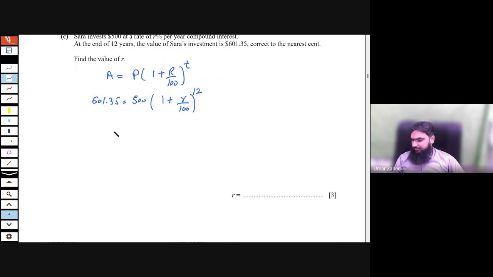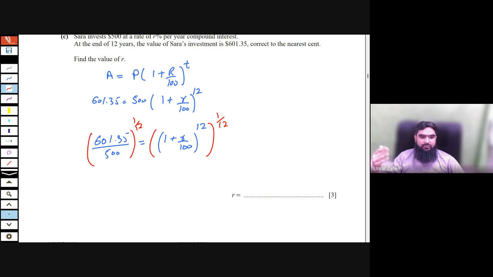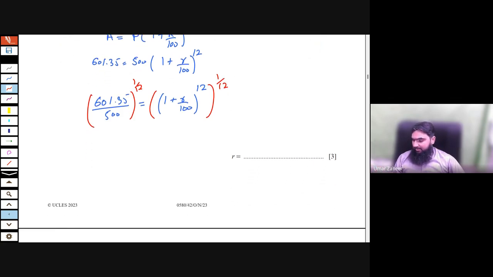Now we have to simplify them. 500 is multiplying, so it will be divided: 601.35 divided by 500 will be equal to 1 plus R over 100, whole raised to power 12. I just want to remove the 12th power, so I am going to take the 1 over 12th power on both sides, or in other words, the 12th root of both sides. Right? After that, it is plus 1 here, on the other side it will be minus 1.